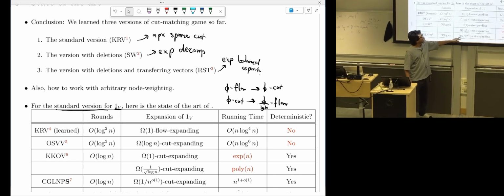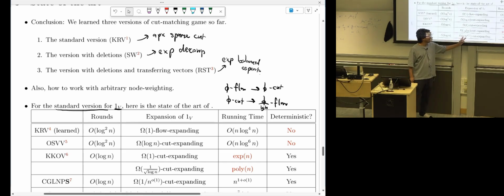But this expansion is quite bad, but still good enough for application. As long as the expansion is kind of close to constant, this is like 1 over n^{o(1)}. So it's not polynomially bad. It's close to constant still. So this is still good.